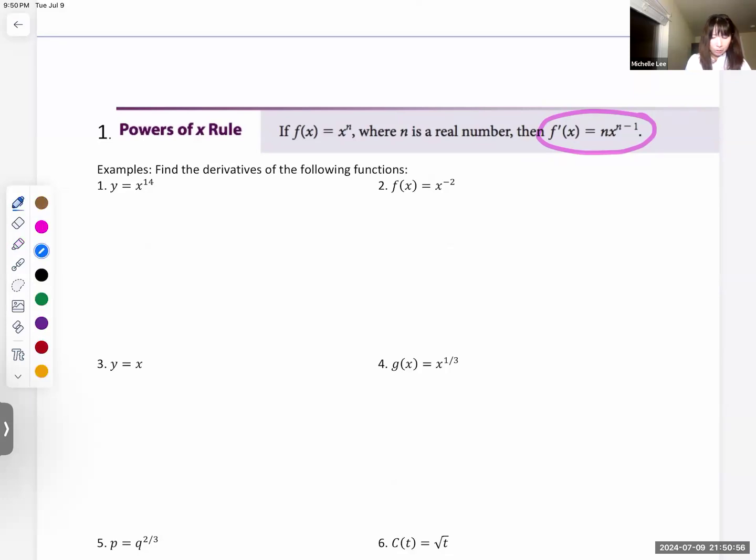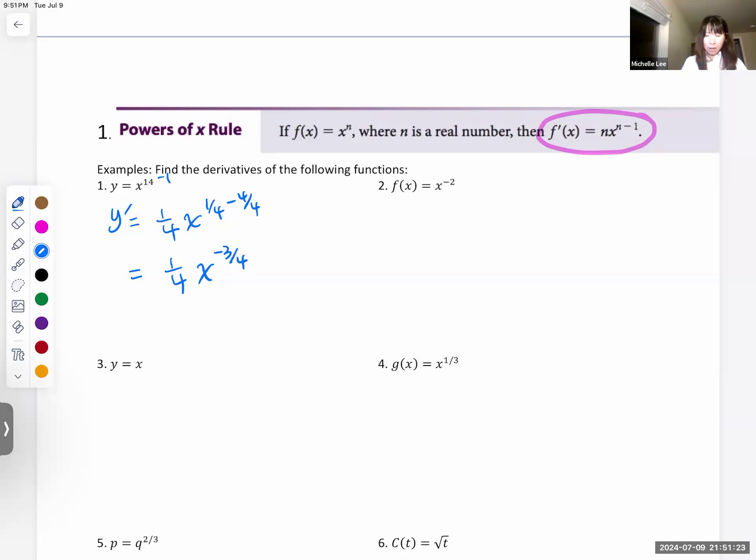We drop the power. Let's denote y prime. That is, we drop the power, 1/4 x, and then we reduce by 1. So 1/4 minus 4/4. That will be 1/4 x to the 1 minus 4, which is negative 3/4.